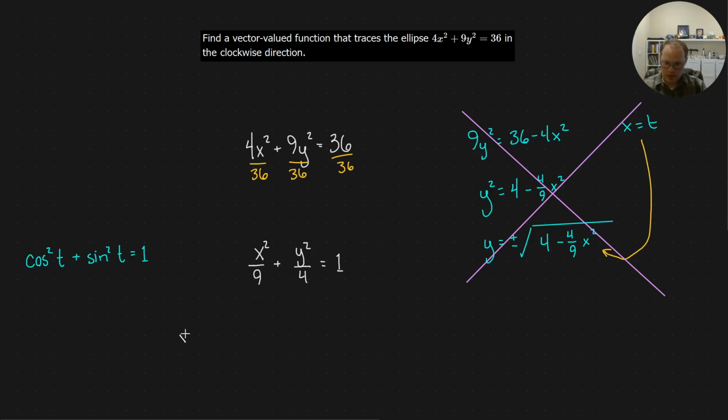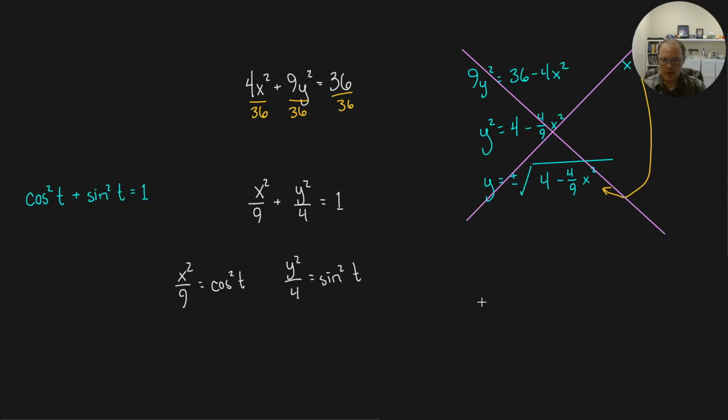So x squared over 9 equals cosine squared, and I need y squared over 4 to be sine squared. As long as that holds, I'm good. So I'm going to take the square root of both sides. x over 3 equals cosine of t. y over 2 equals sine of t.